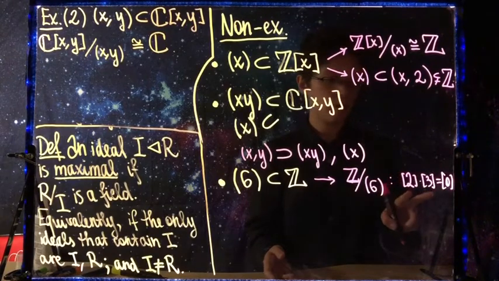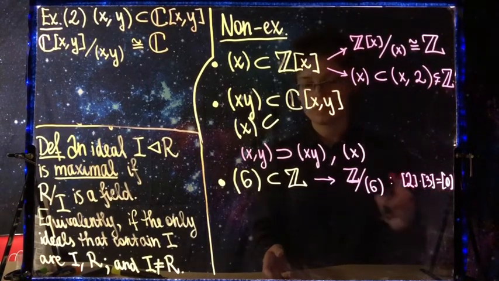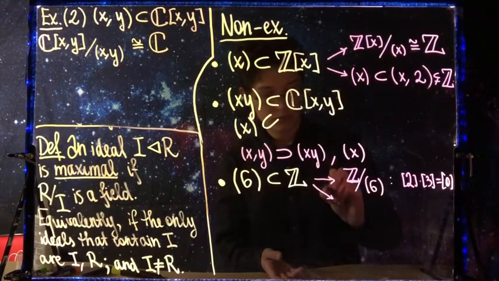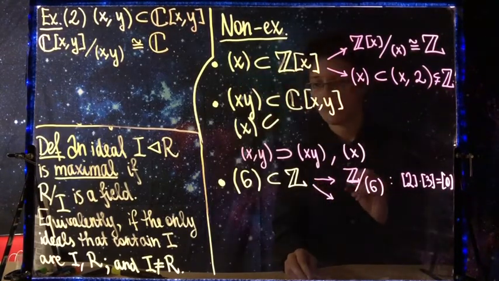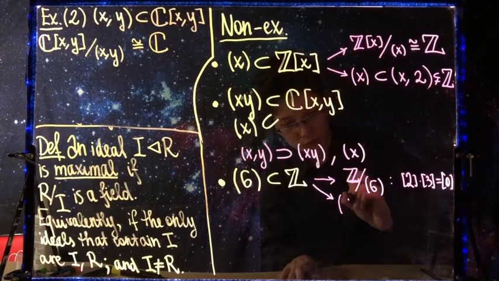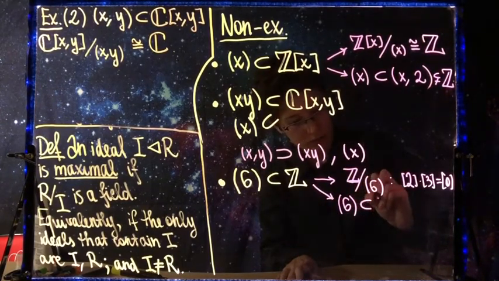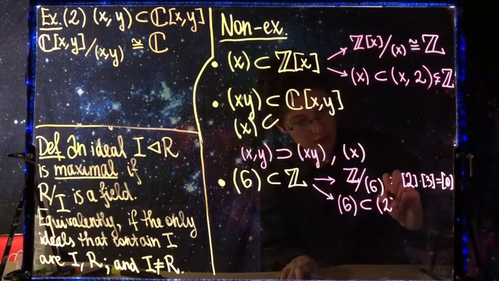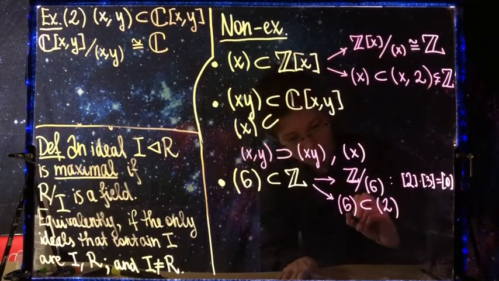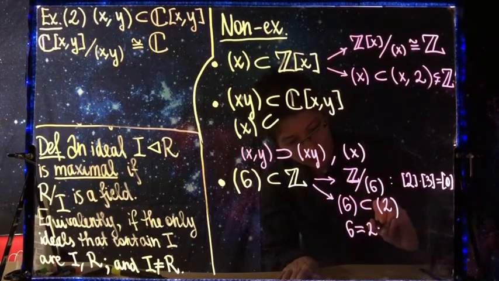And this never happens in a field, that when we multiply 2 non-zero elements, we get a 0. Or we can say that the ideal generated by 6 is contained inside the ideal generated by 2, because 6 can be written in the form 2 times 3.